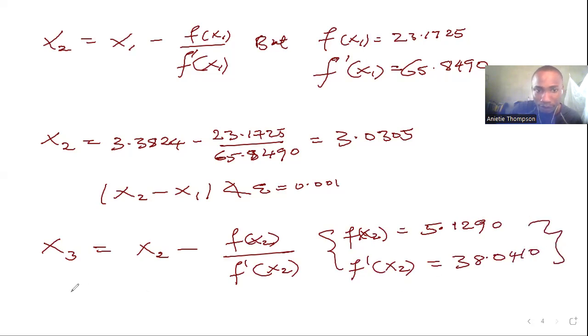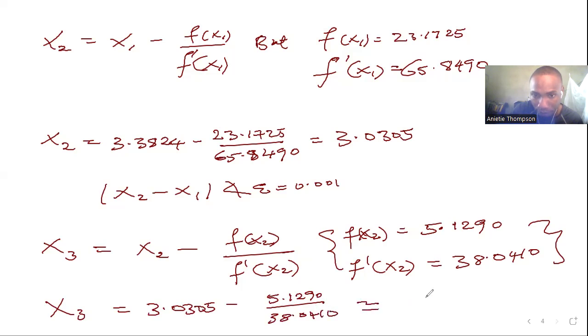Now if you substitute these values, x3 will be equal to the value of x2, that is 3.0305, minus 5.1290 all over 38.0410. That approximately gave us 2.8957. Oh, wow.